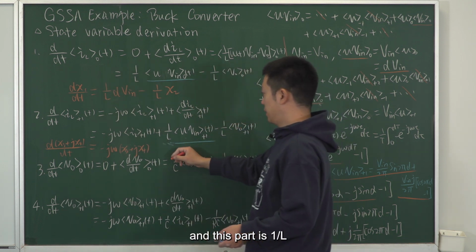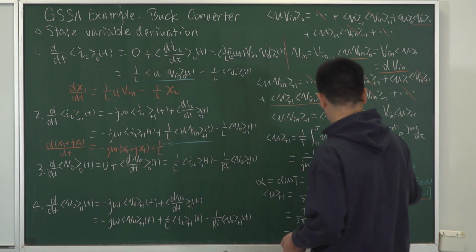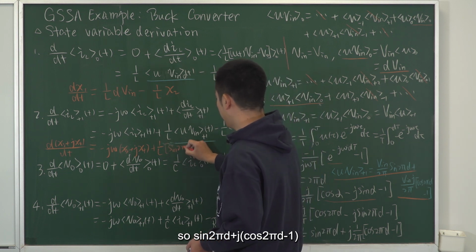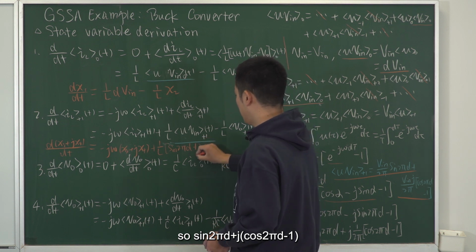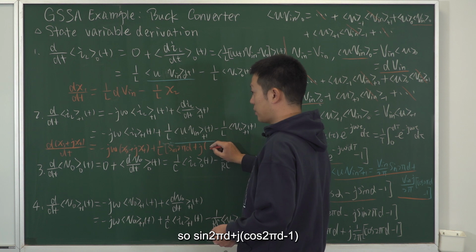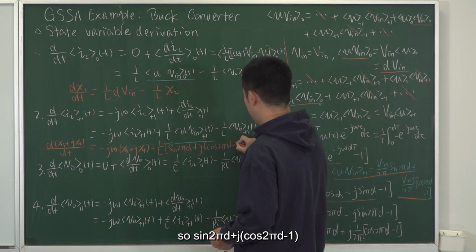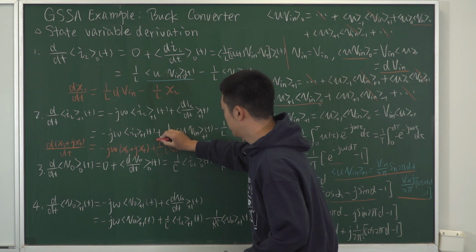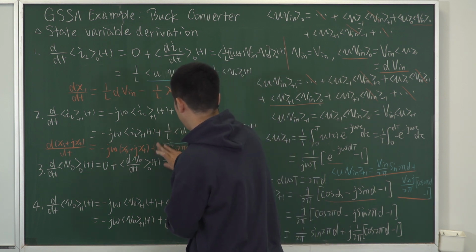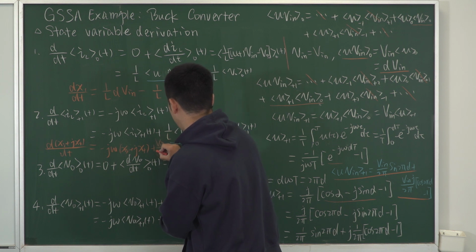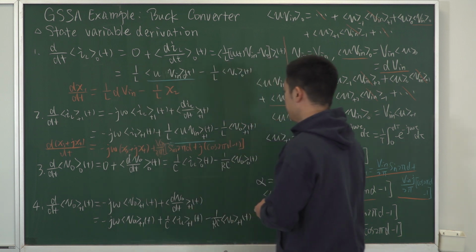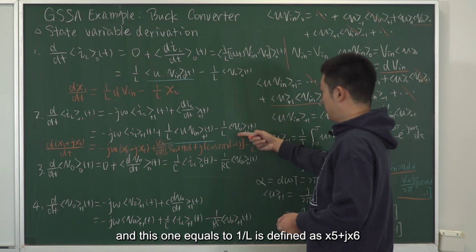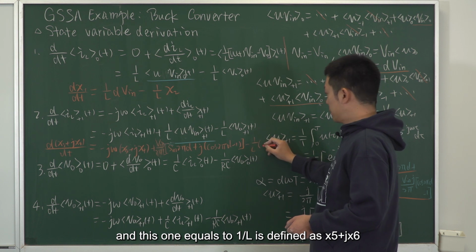And this part is 1 over L. We copy here back to the left-hand side: sine 2 pi d plus j times cosine 2 pi d minus 1, V in divided by 2 pi L. And this one equals 1 over L. This is defined as x5 plus jx6.